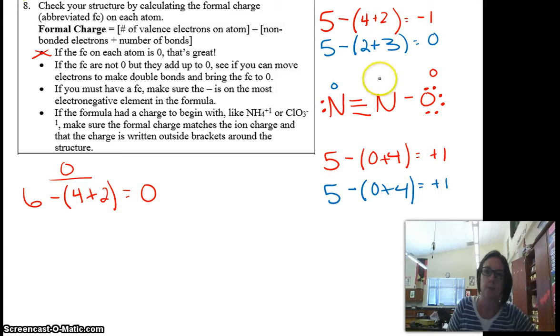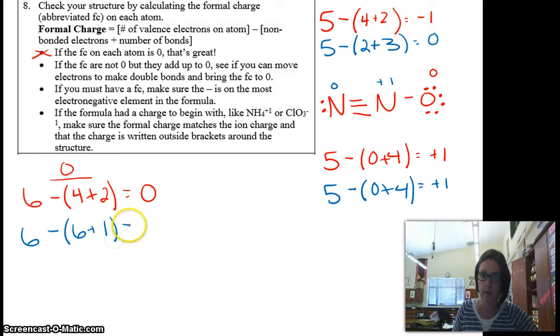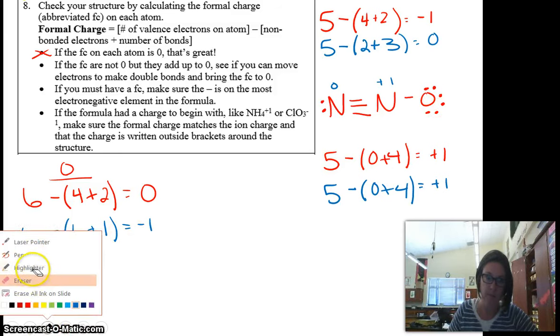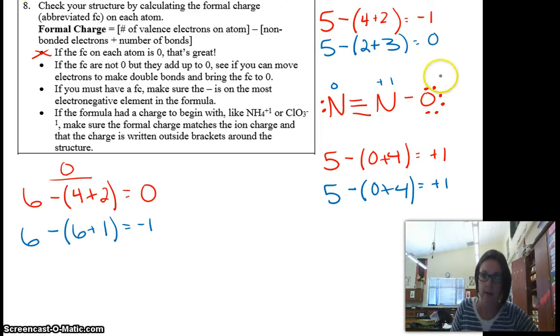Still going to be +1. Now we have to try the oxygen because we changed something. We took a double bond and made it a non-bonding pair. It has 6 valence electrons minus 6 non-bonding and 1 bond. So that's 6 minus 7, which is -1. So this formal charge is -1.